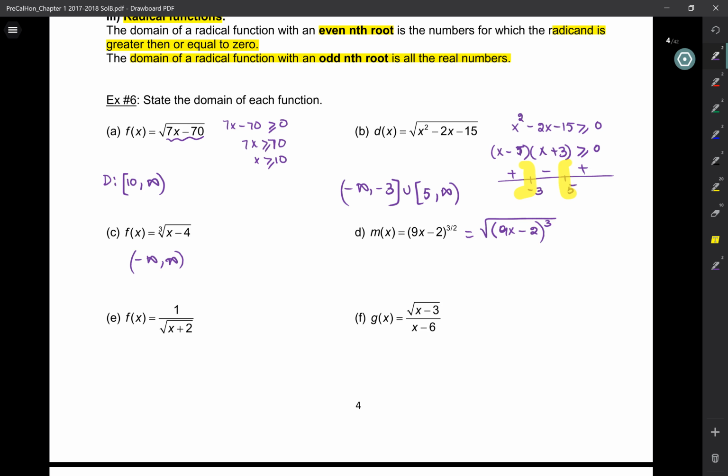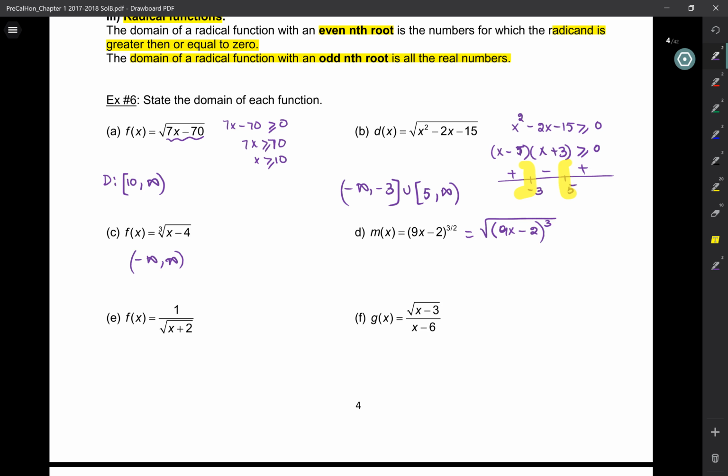Does that work? Okay, so if x was -1, what do you get for inside here? Negative, and then you cube it and you get negative.